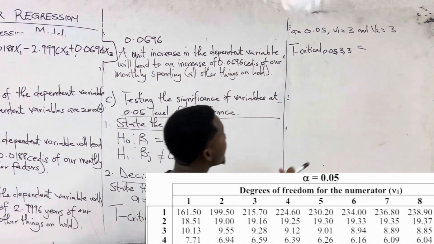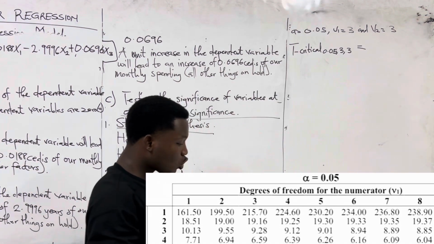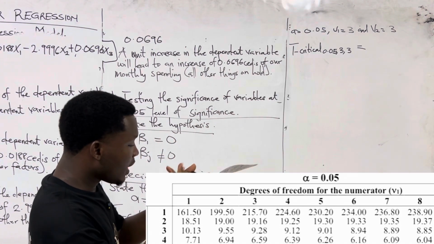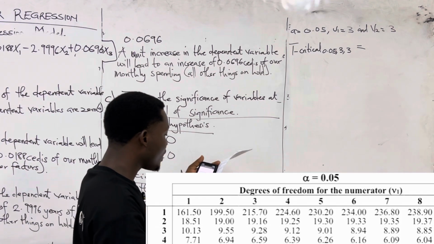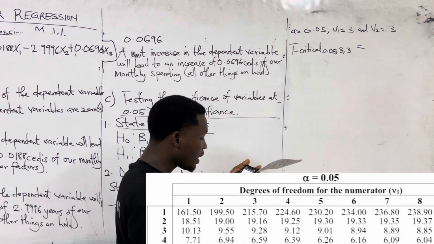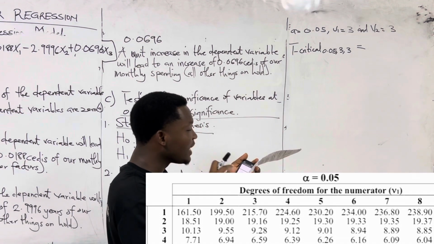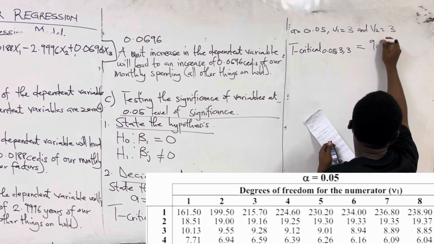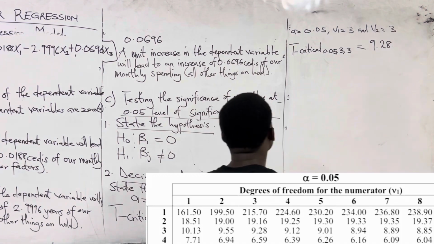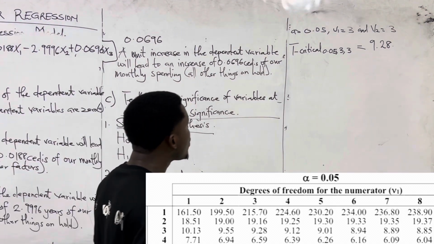So we check the 3, which is the v1, and the 3, which is the v2, on the horizontal and on the vertical, the column and the row. So the 3 to 3 will give us 9.28. So we have stated it at 9.28.